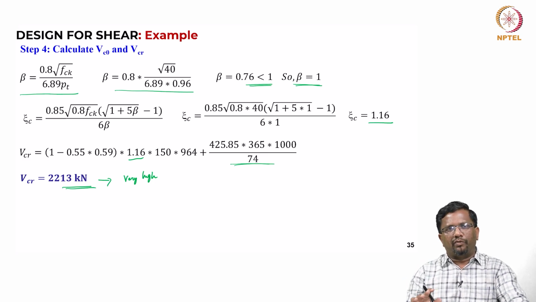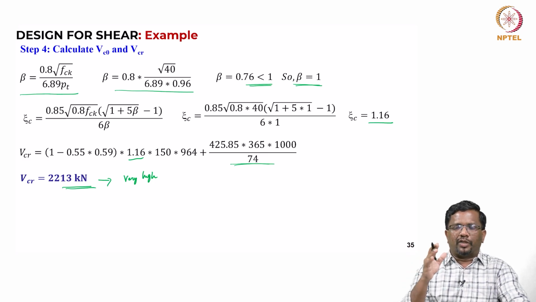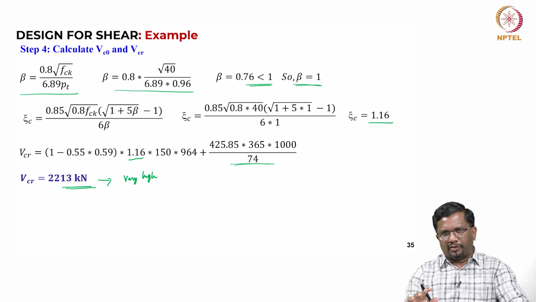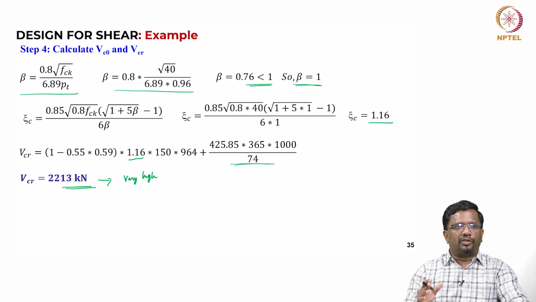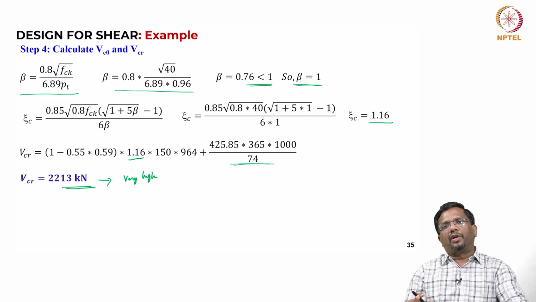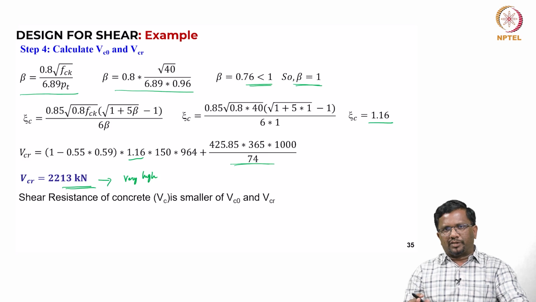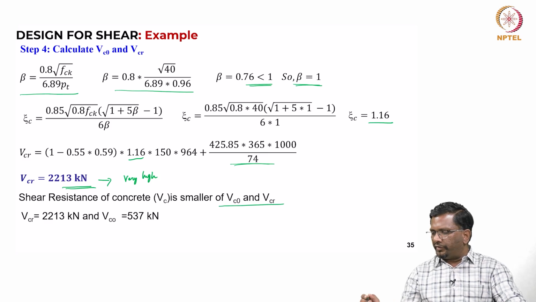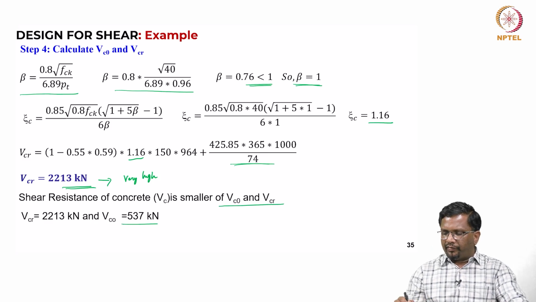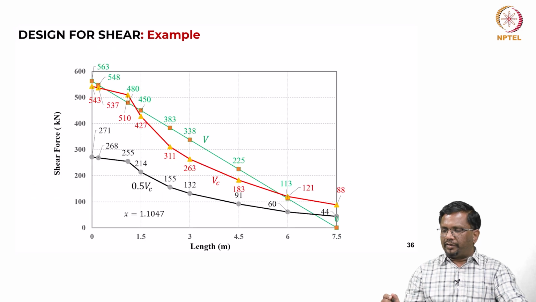So VC will always be VC naught in the sections close to the support, unless you are looking at a section close to the continuous support where you will also have flexural demand. Then the scenario will be different. For the simply supported case, close to the support, it will always be VC naught that will control the concrete capacity, right. Shear resistance now, VC is smaller of VC naught and VCR. So we have to take VC naught as 537 kilonewton, right.